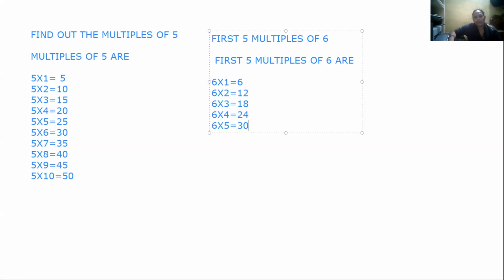So here we have got the first 5 multiples of 6. How can you say that these are the first 5 multiples? Because we have started multiplying 6 by 1, 2, 3, 4, and 5. So these are the first 5 multiples of 6.